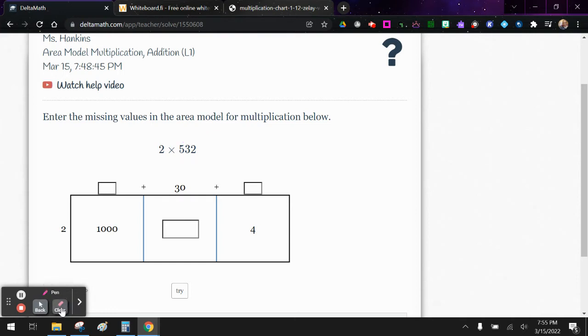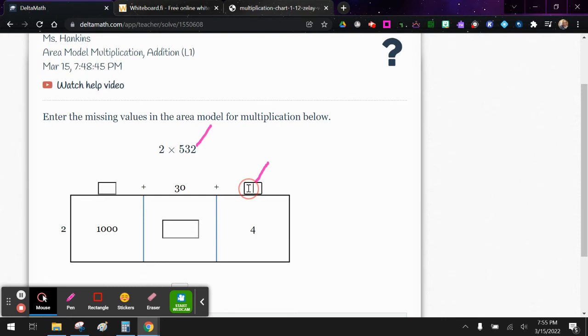What you want to do is look at it as if it was money. This spot matches with the ones place. If I gave you two $1 bills, how much would that be? That would be $2. So we're going to put 2 in there.